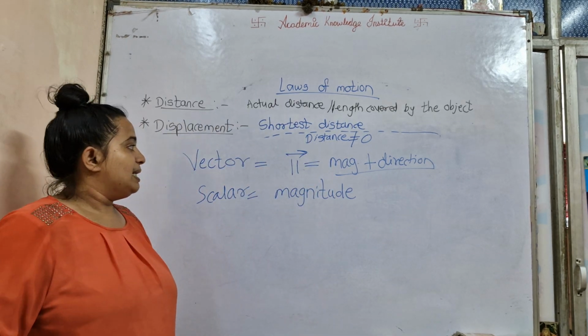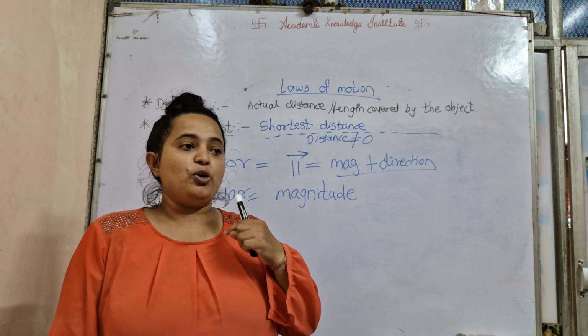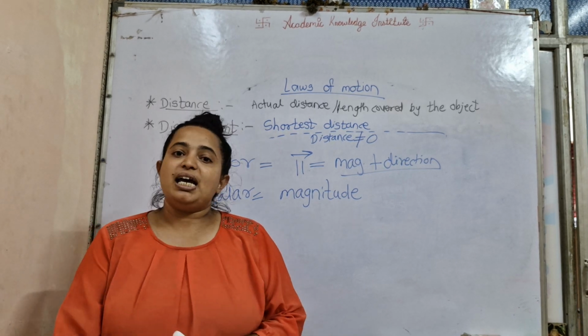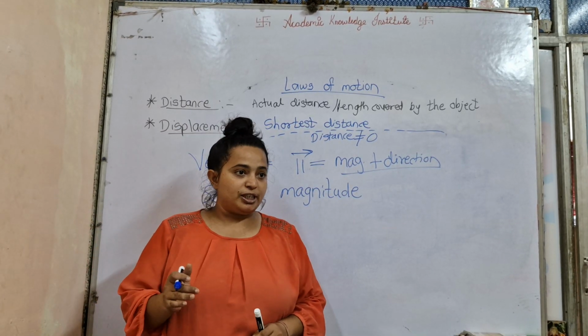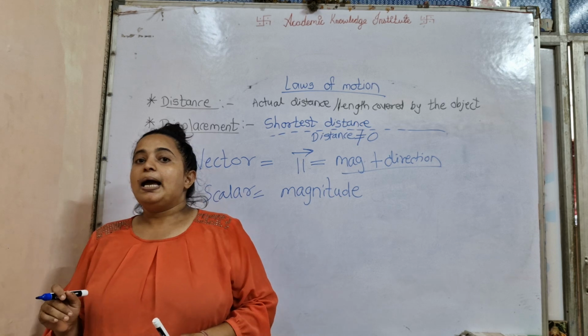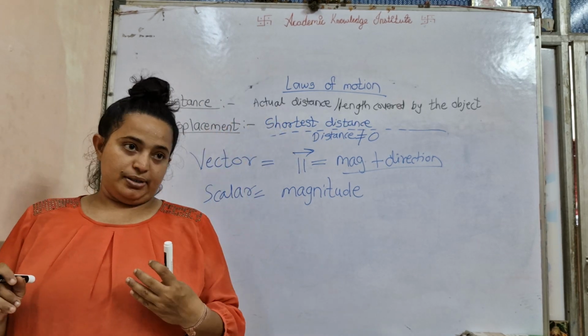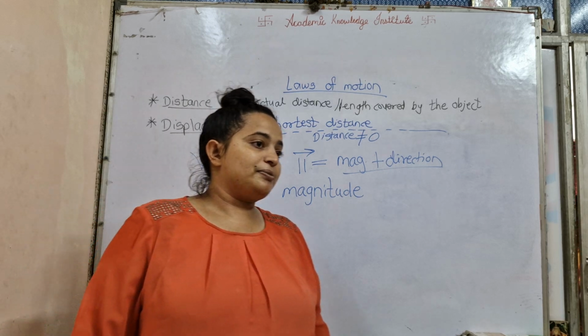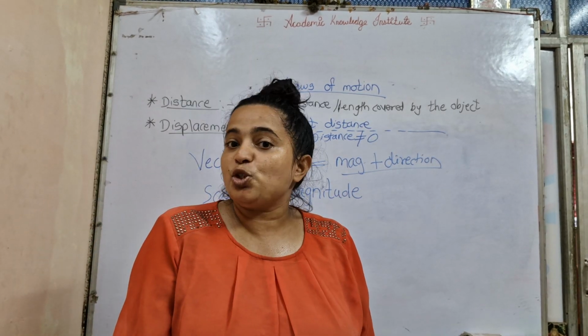Now just consider, if I am going from here to any place, I walked 1 kilometer. If I am coming back, will that 1 kilometer be considered displacement or distance? Distance, because it is not the shortest distance.